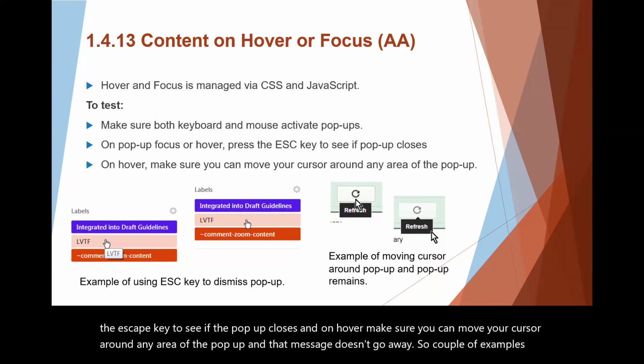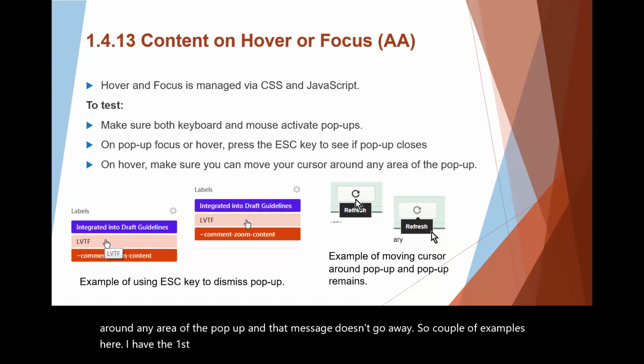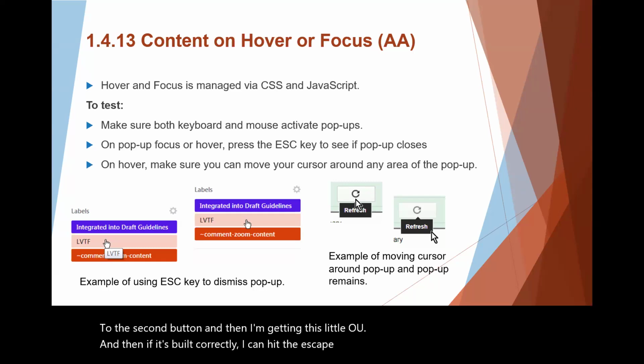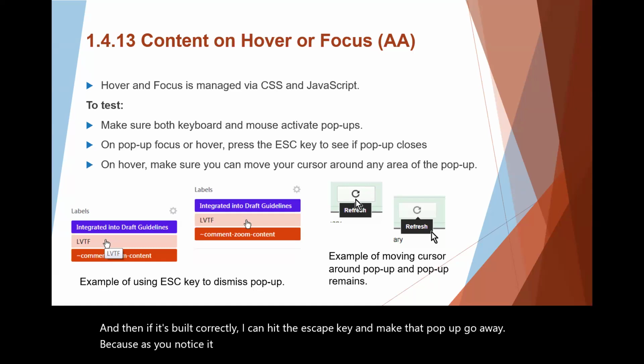So a couple of examples here. The first one is a series of 3 buttons, and I am focusing to the second button, and then I'm getting this little pop-up. If it's built correctly, I can hit the escape key and make that pop-up go away, because as you notice, it was obscuring the third button whenever that pop-up occurred.